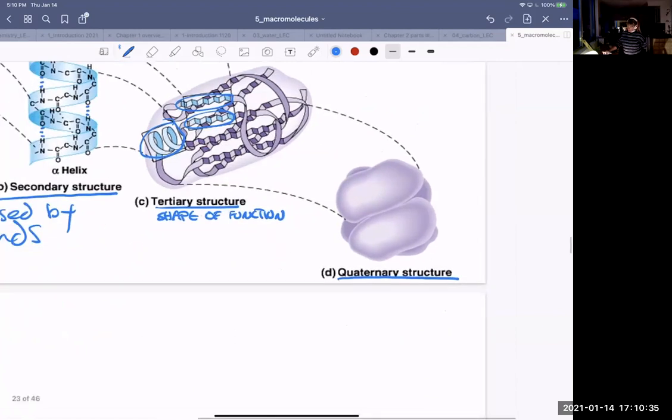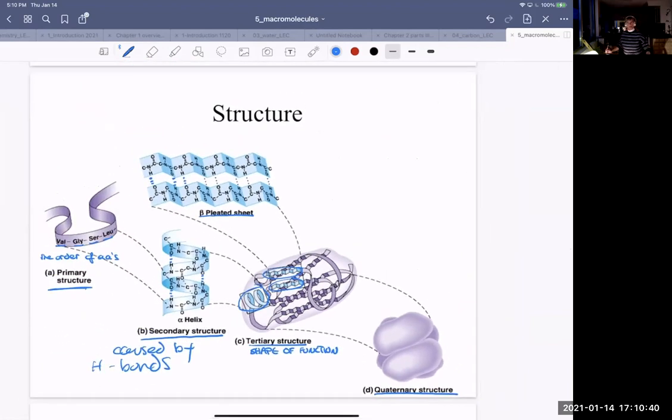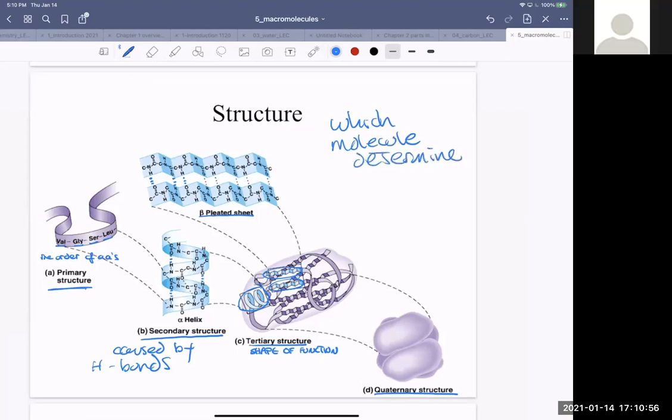So my question to you is, what determines the sequence of amino acids? What molecule determines that sequence? That we haven't talked about yet. The mRNA? Exactly.